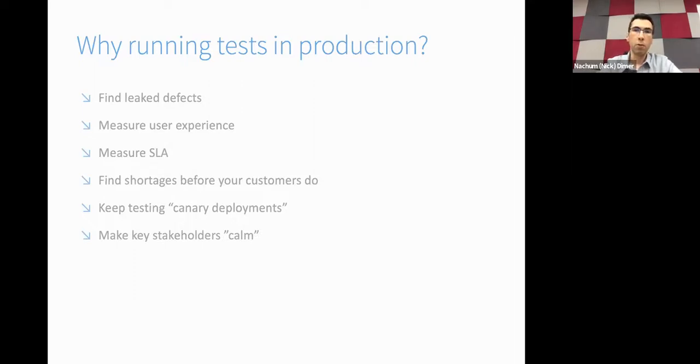So one of the obvious reasons to run tests in production is to find leakages, defects that leaked into production. We all encounter it, just being users. It has happened to all of us that at a certain stage, the flow stopped working.